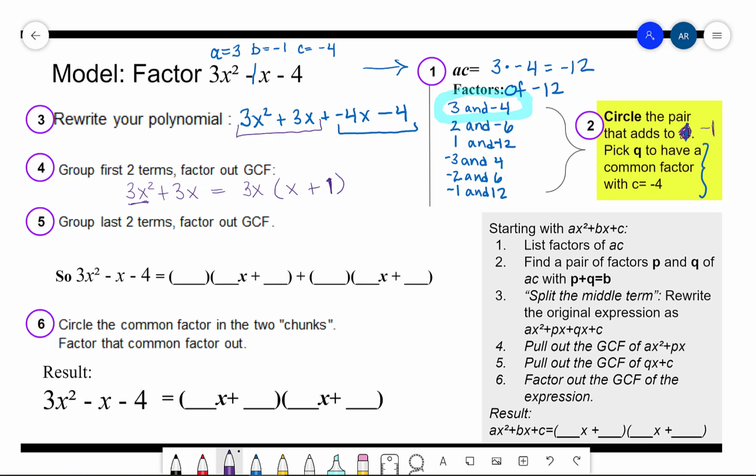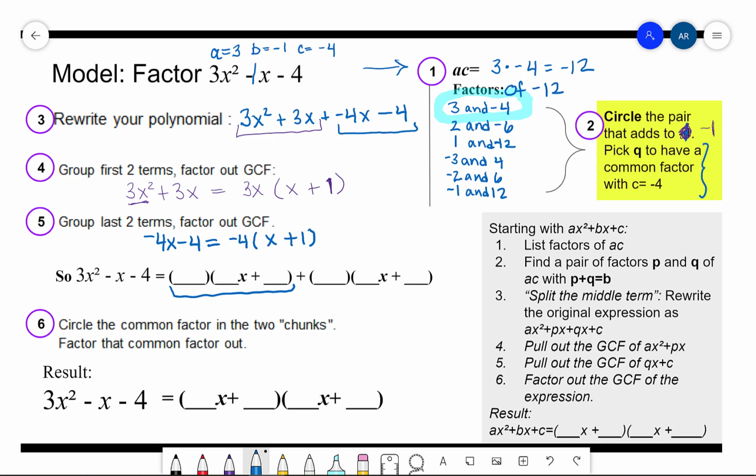All right, now let's do the last two terms. Our last two terms are negative 4x minus 4. What is the number that they have in common? Both of them are multiples of negative 4. Negative 4x is negative 4 times x, and negative 4 is negative 4 times 1. Look for ones, they show up a lot. All right, let's now stuff these pieces in. The first two portions here are my factoring of the first two terms.